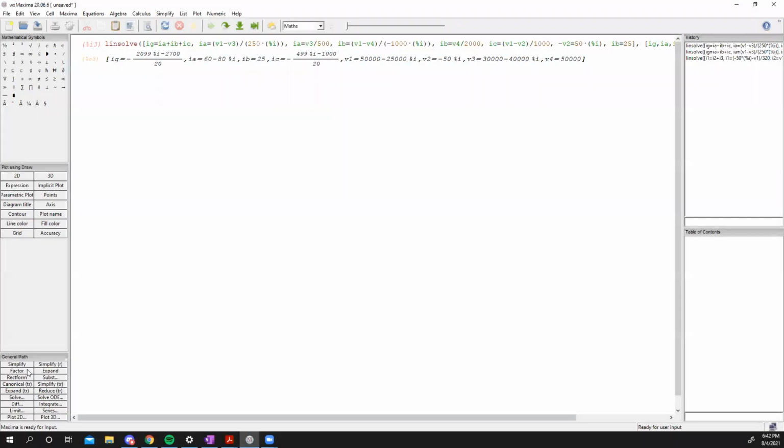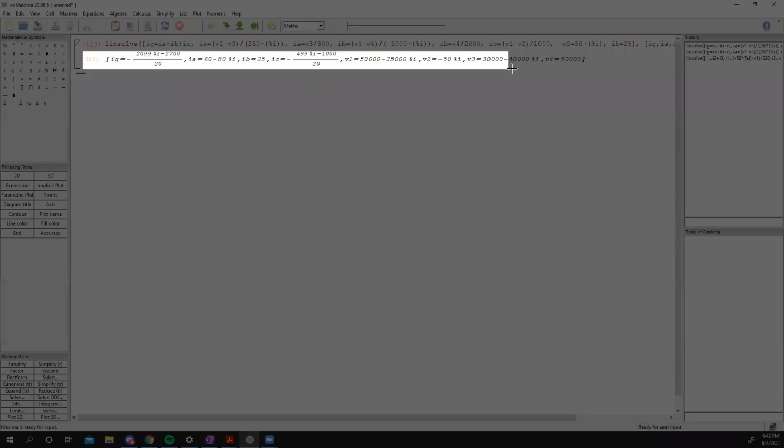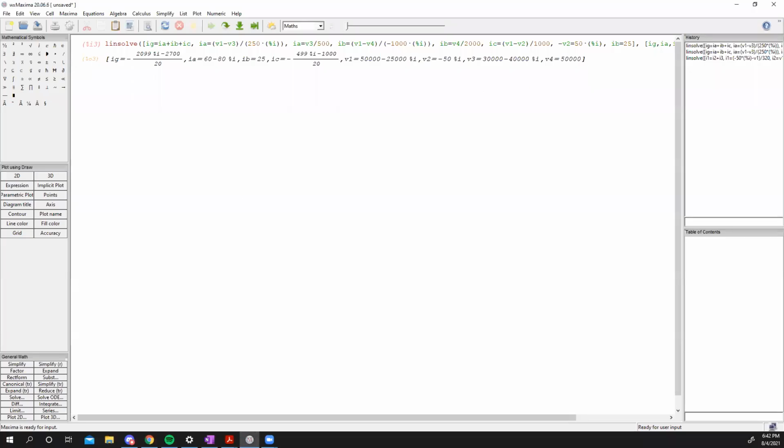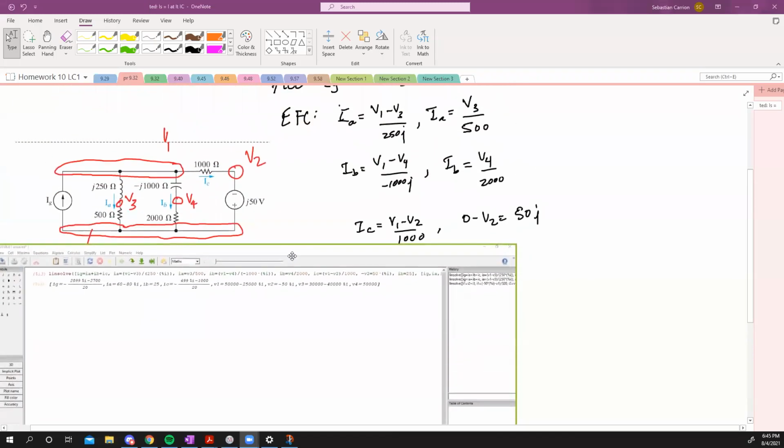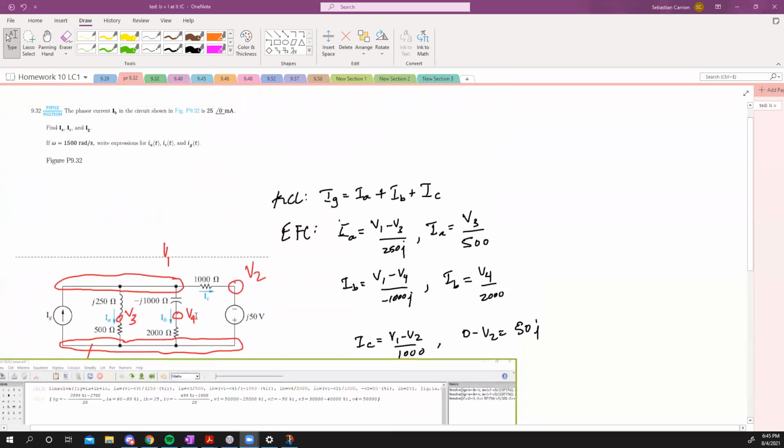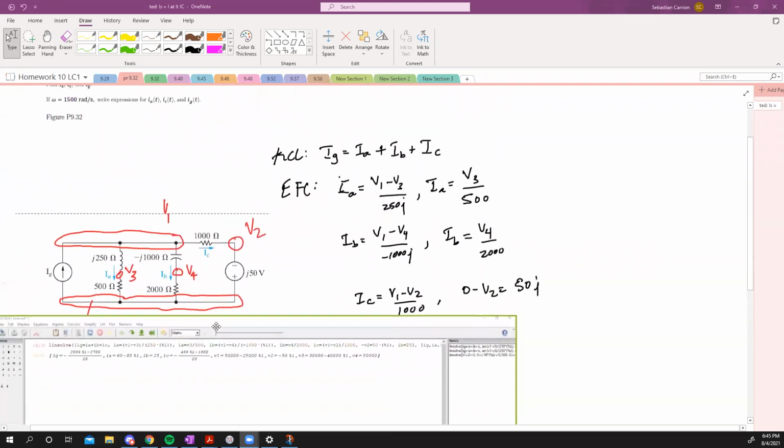For some reason my computer is not allowing me to snip this, so I'm going to leave it like this and continue on.